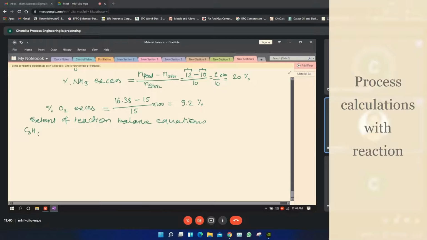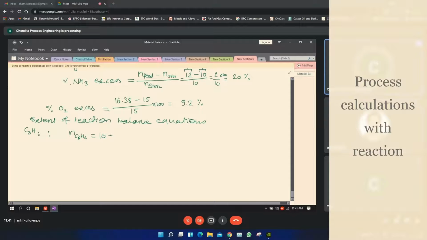so for propylene, we can write the exit molar flow rate of propylene C3H6 is equal to how much there in the feed? It is 10, right? And the stoichiometric coefficient of that is -1.